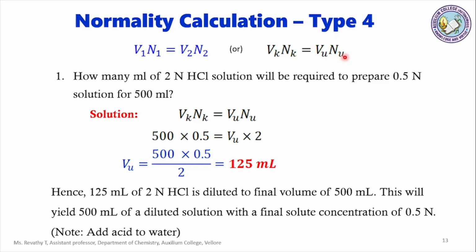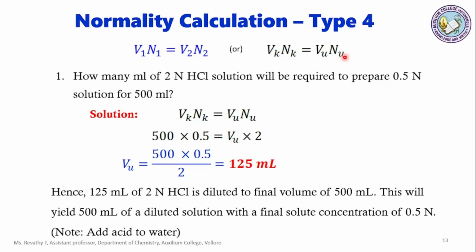Okay, so now let's solve the problems. The first question is: how many ml of 2N HCl solution will be required to prepare 0.5 N solution of 500 ml? Here we need to prepare 0.5 N solution of HCl from 2N HCl solution.